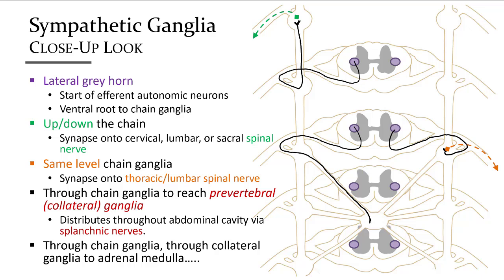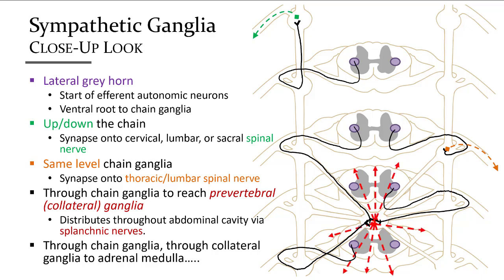Or it could go out and go straight to a collateral ganglia in the abdominal cavity, which can be met by many different levels from the spinal cord, and at that collateral ganglia, it can then be distributed well beyond through the abdominal cavity from there.